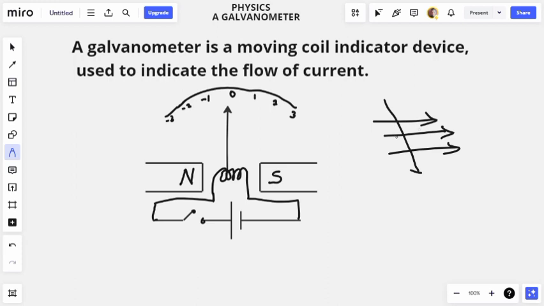Will experience what? A force. So it is that theory of electromagnetism or electromagnetic induction that is used in the design of a galvanometer.